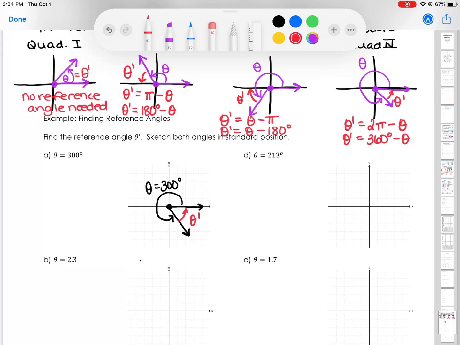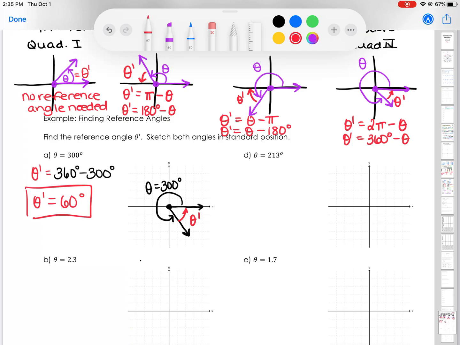Because I'm in the fourth quadrant, I am going to do an entire circle minus the original angle. So my theta prime is going to be equal to 360 degrees minus the 300 degrees for the angle. So that's going to give us that theta prime is going to equal 60 degrees. Okay, so this little portion really finishing my circle is 60 degrees.